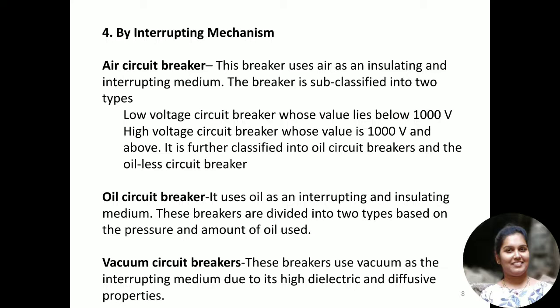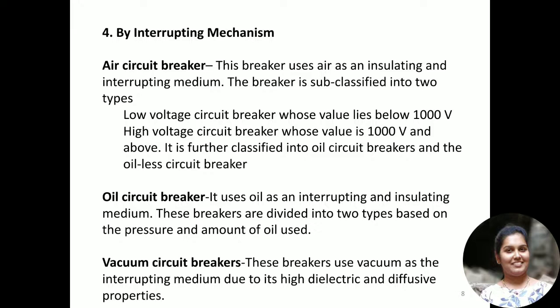This breaker is again subclassified into two types based on its voltage operating range. First one is low voltage circuit breaker, whose value lies below 1000 volts. Second one is high voltage circuit breaker, whose value is 1000 volts and above.